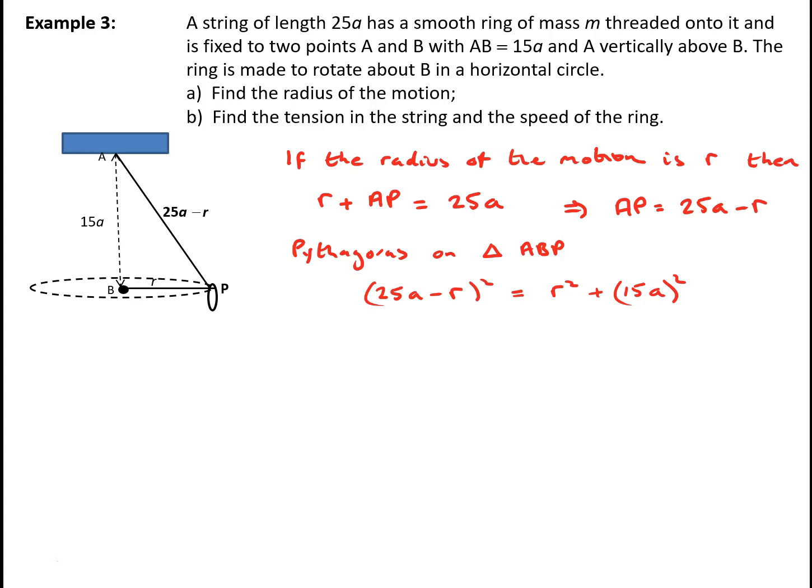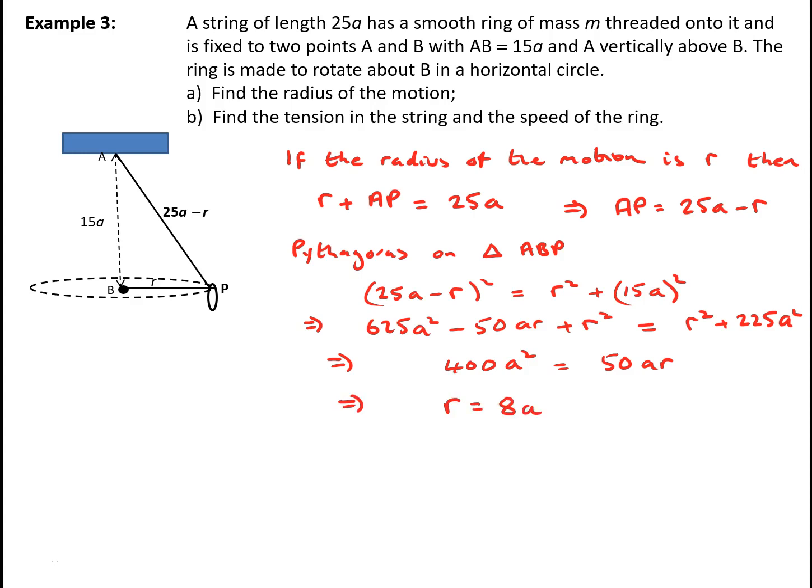Expanding, we've got 625a squared minus 50ar plus r squared on the left-hand side equals r squared plus 225a squared. The r squareds clearly cancel, and we end up with 400a squared equals 50ar. And dividing by 50a, we end up with r must be 8a.